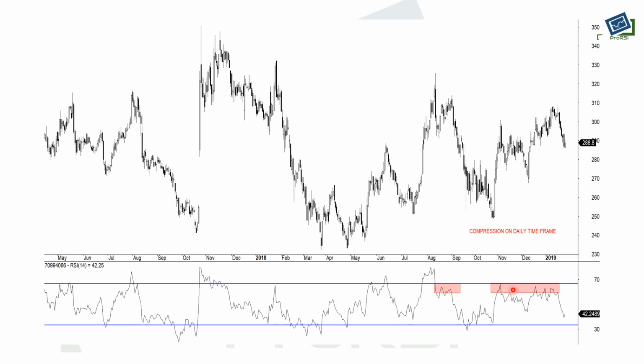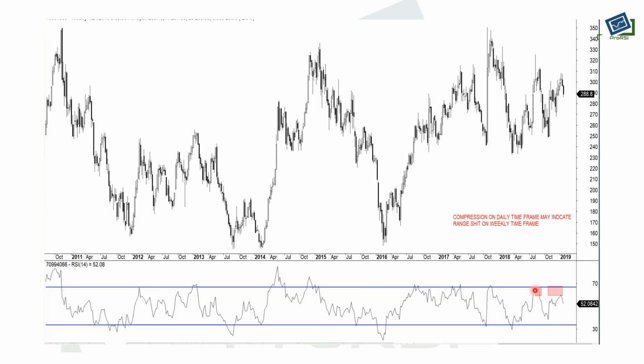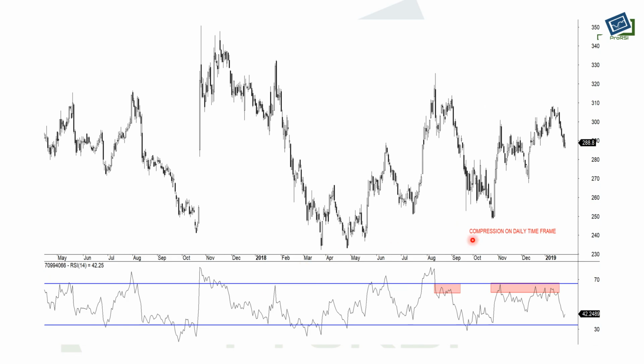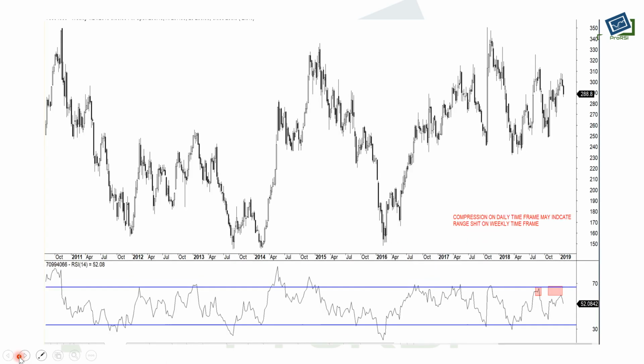Near the 66 levels, we are having compression on the daily time frame. Now what should I look at on the weekly time frame? On the weekly time frame, it causes a range shift type of situation, right? So compression on a smaller time frame, that is the daily time frame, leaves a big implication on the higher time frame, that is the weekly time frame.